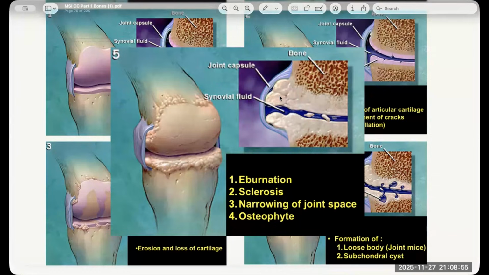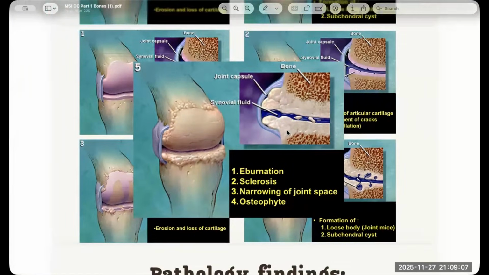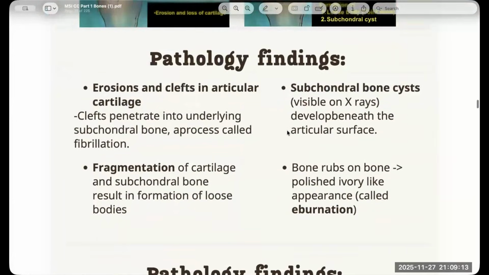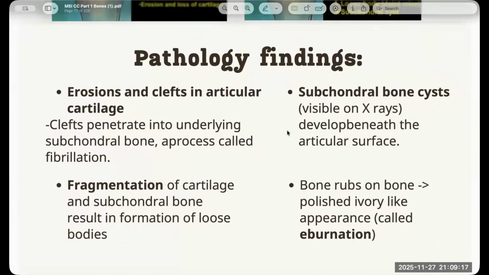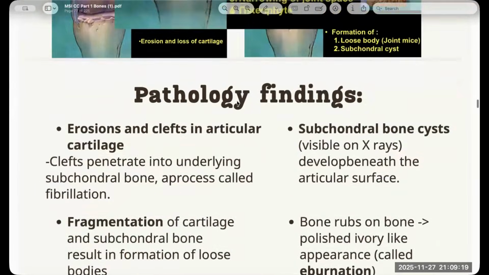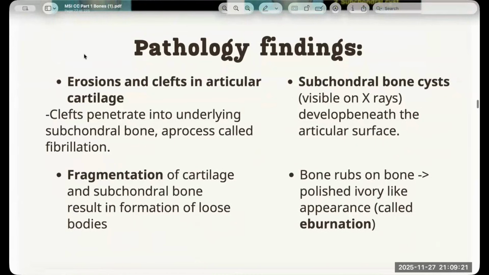What are osteophytes? They are abnormal formations that disturb the joint capsule and the mobility of the joint. This is basically the pathophysiology of osteoarthritis.